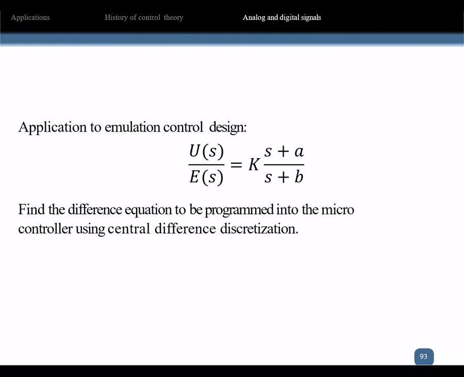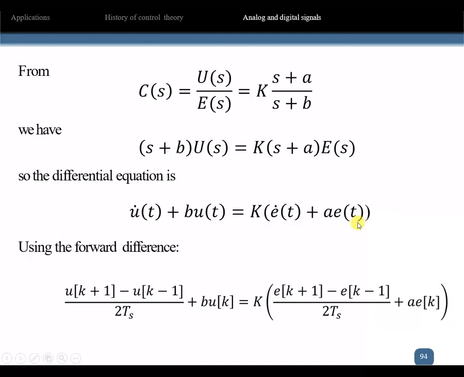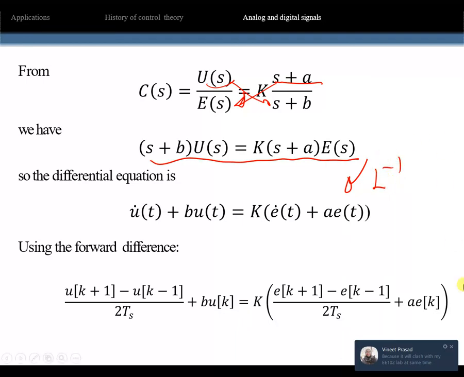Okay, now the same example, removing the values and putting A and B. With the same thing, the numerator here multiplies the denominator and the denominator multiplies the numerator, we expand the formula, we change with the inverse Laplace, and we substitute t by kTs.